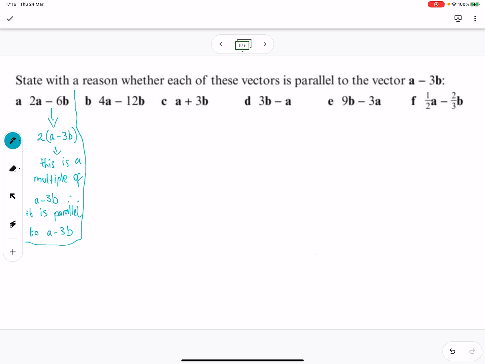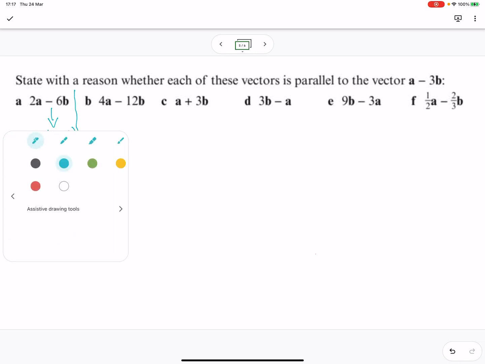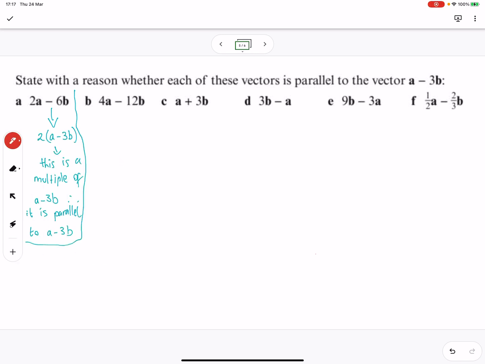Okay, makes sense. So then how would we go about doing B? So B is going to be 4 on the outside, brackets a minus 3b. Indeed.